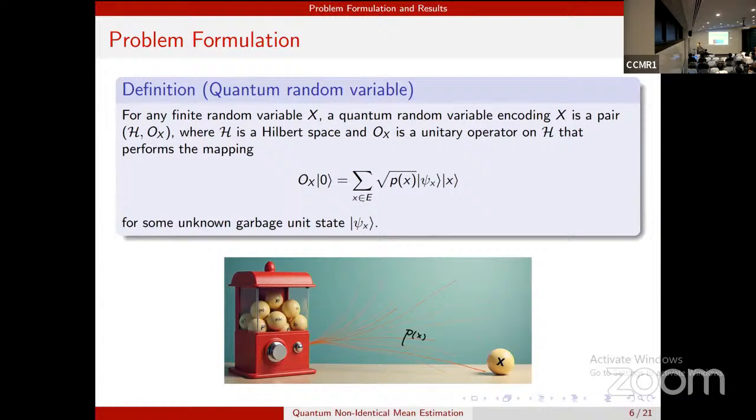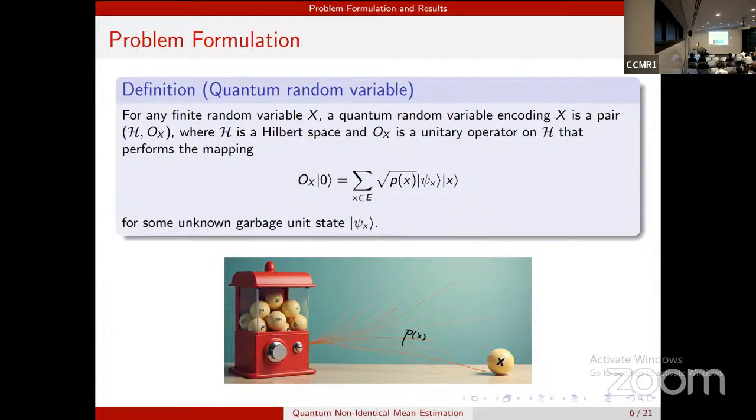So I guess one reason is that this is a standard input model of the quantum mean estimation problem. Many papers in the literature about such problems use this input model. And I think one reason that people do this is that we study the mean estimation problem for applications.